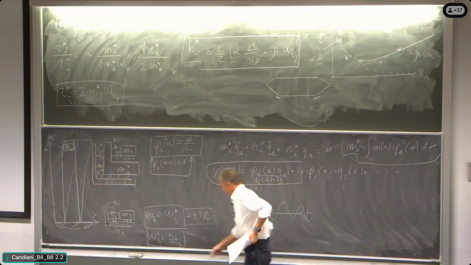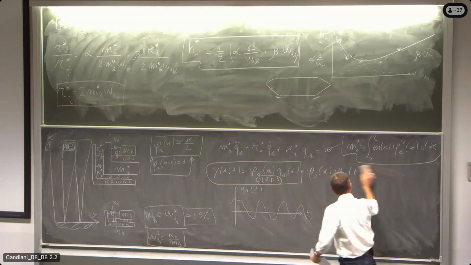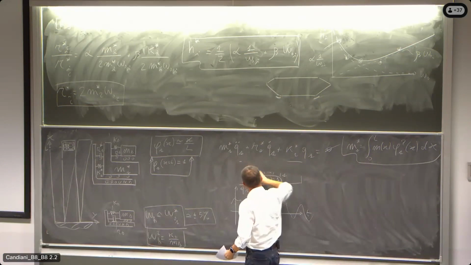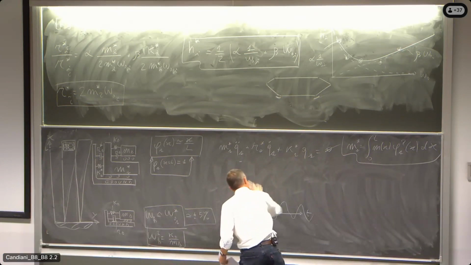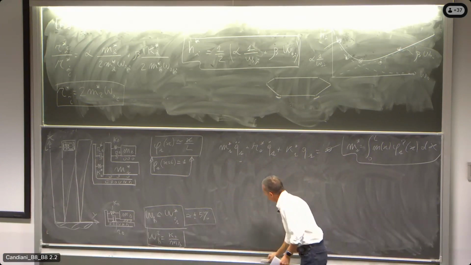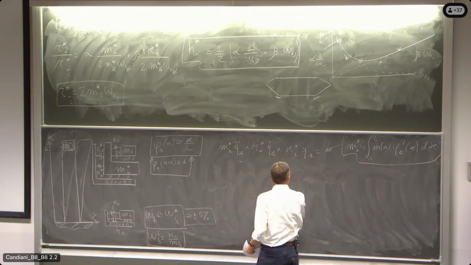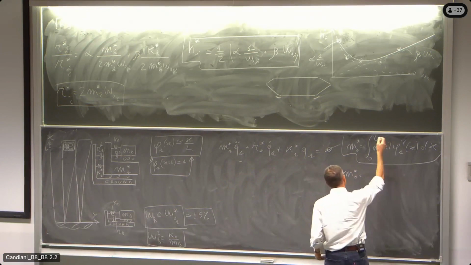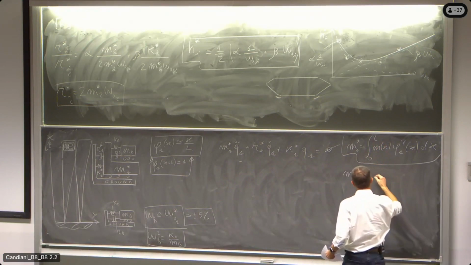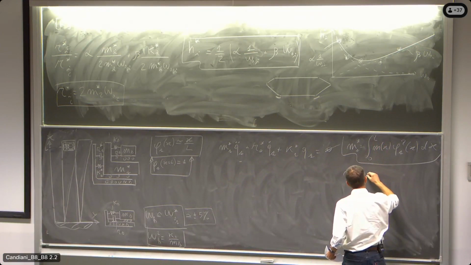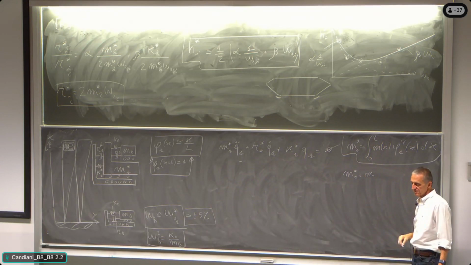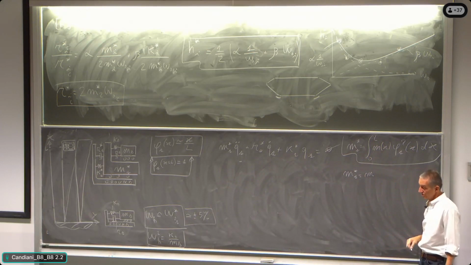Let's calculate the modal mass 1. Let's use m as the mass per unit length. So we make the hypothesis that the mass per unit length is constant, all right?